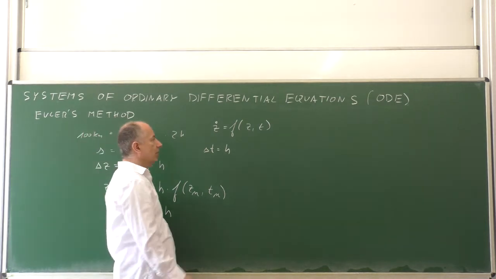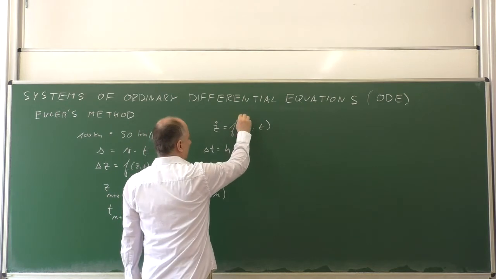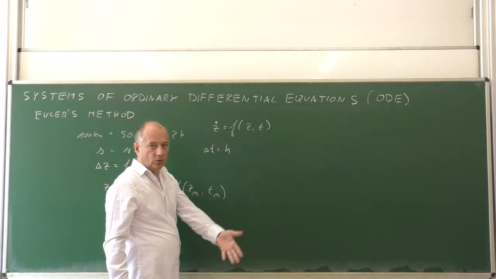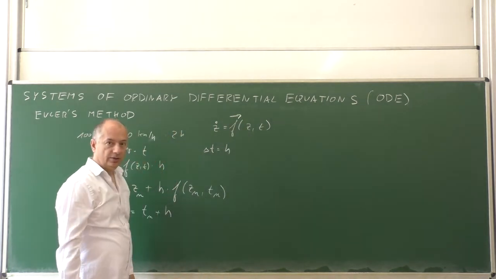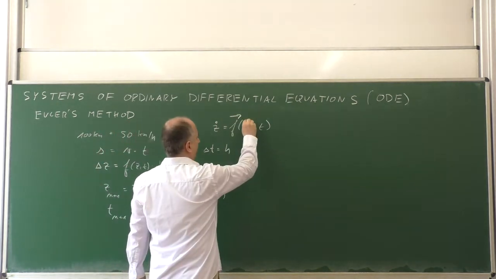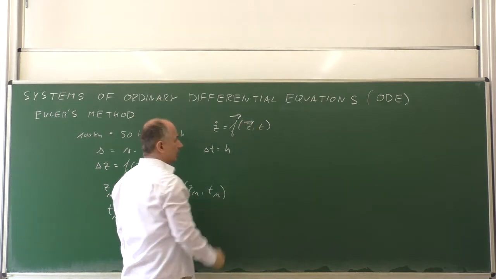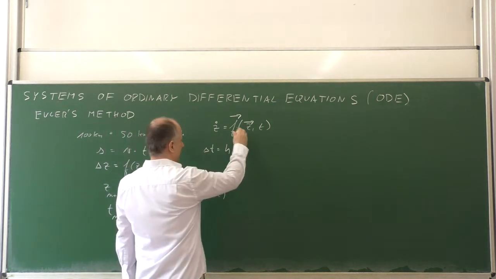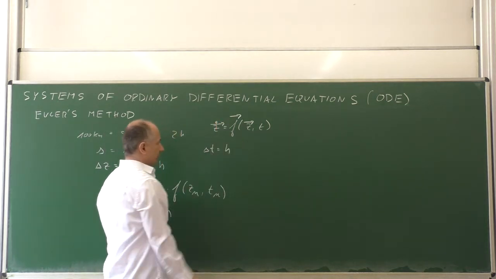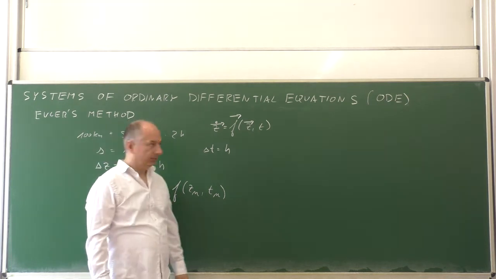In this way, it works for one differential equation, and when we have a system of differential equations, then instead of one right-hand side, we can have two or more right-hand sides, so we can consider a vector of the right-hand sides, and similarly, z is not alone, there will be x, y, and perhaps more functions, and z is then also a vector.